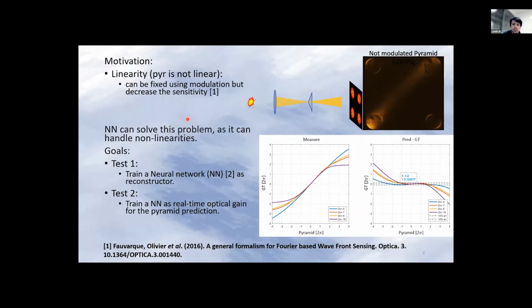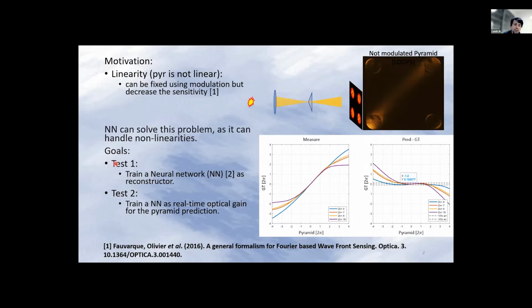We can use a pyramidal system using a low modulation, like 3 and 5 lambda over d, and we can use a neural network to work well with non-linearity. In this case, we have two goals. The first one is a neural network working as a reconstructor.